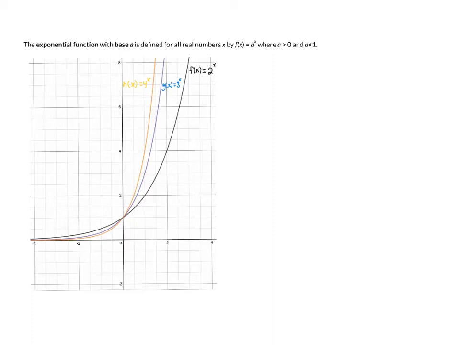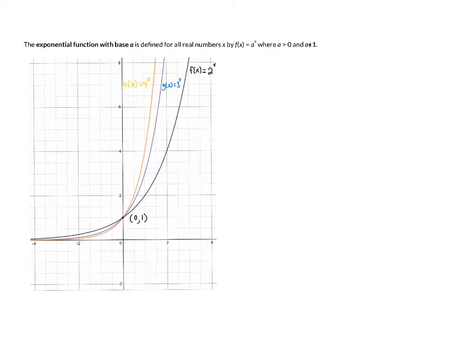So first of all, they have one point in common, and that point is the point (0, 1). That's because 2 to the 0 is 1, 3 to the 0 is 1, and 4 to the 0 is 1. In fact, this is going to be true for any exponential function. It will include the point (0, 1), no matter what the base is. So that's what they have all in common.